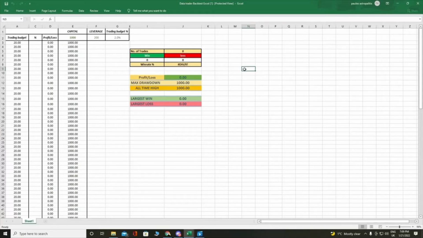Our fellow trader here starts with a capital of 1000, leverage 200, and the trading budget. Actually, he risks 2% per trade. In my opinion, this is catastrophic, and I will explain why later.